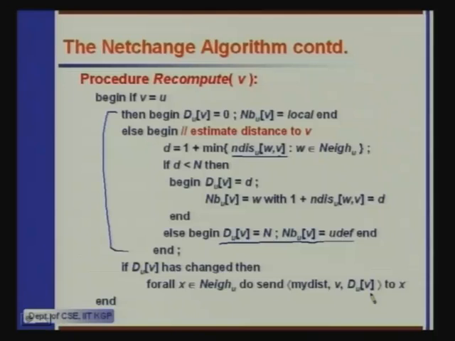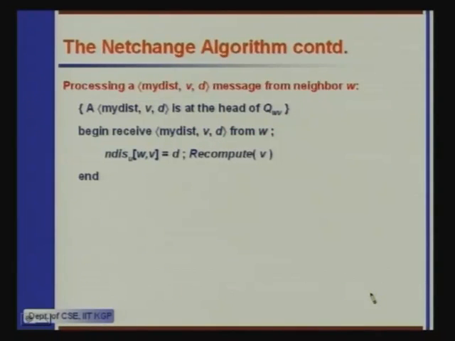Now let us see where we use recompute V. When a node U receives a mydist VD message from neighbor W, this is what I do. I change ndis UWV to equal to D. Why?